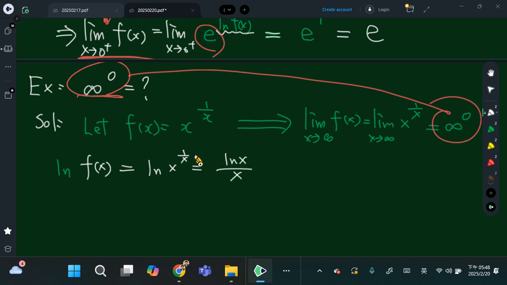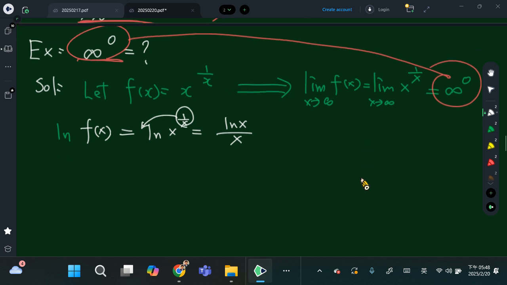Because we can move the power to the ground, then we have ln x over x here. Then we continue to calculate its limit: the limit as x approaches infinity of ln x over x.